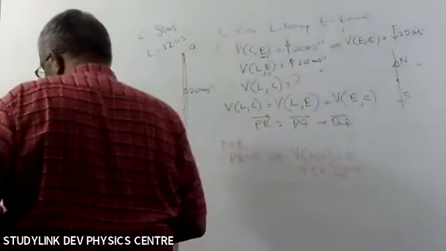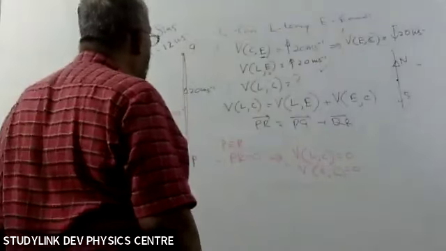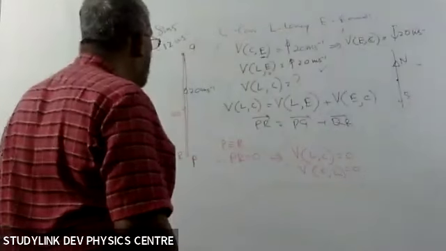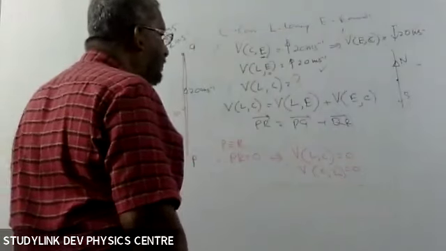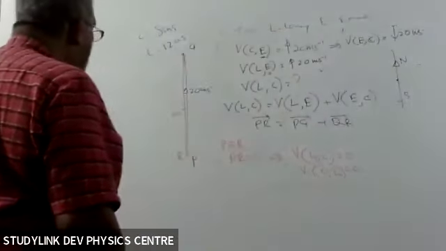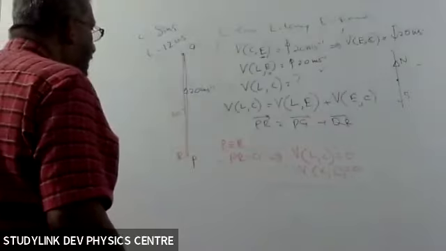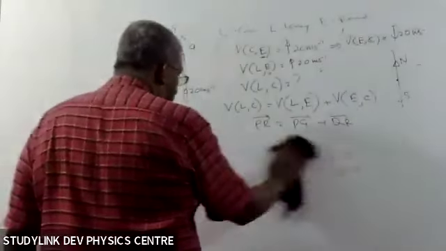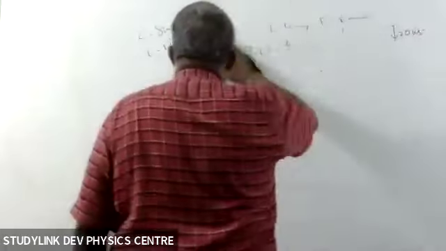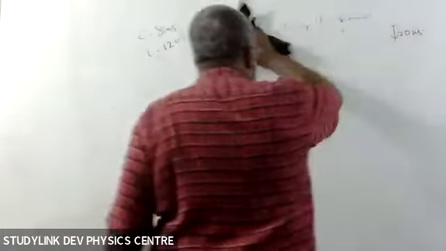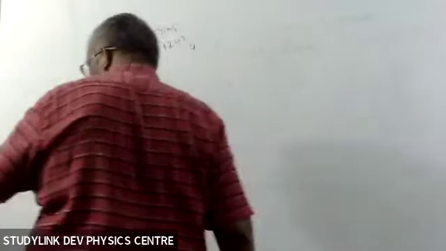Find the velocity of the lorry relative to the car, and the velocity of the car relative to the lorry.